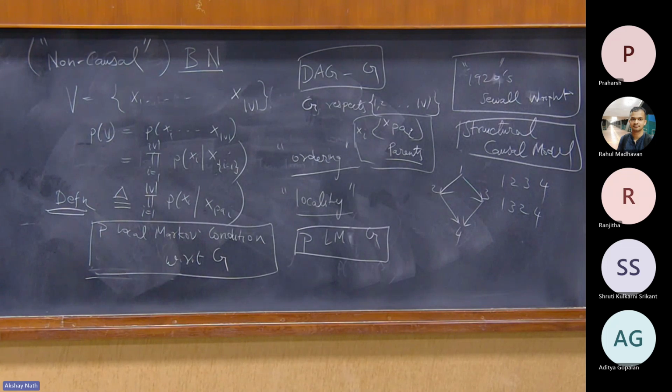Now, what you could do is, okay, there's a direct implication. Take Xi, which does not have a directed path to Xj, or the reverse symmetrically.